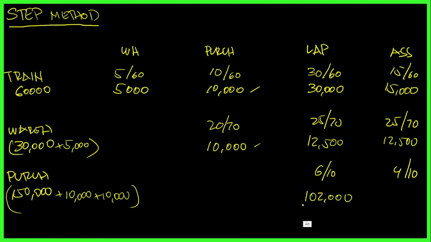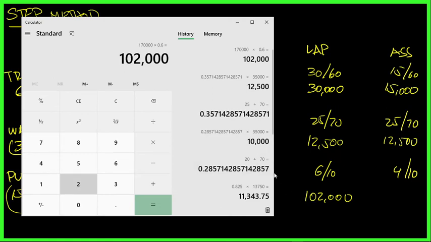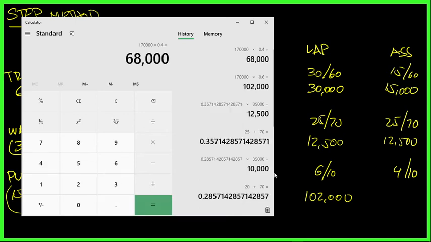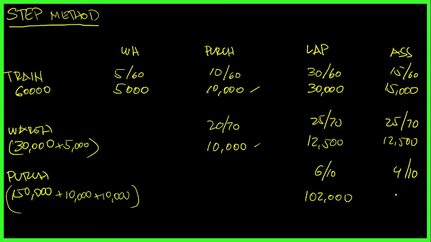Okay, and 40%. 170 times 4 over 10, which is 0.4. So you now have 68,000 pesos.